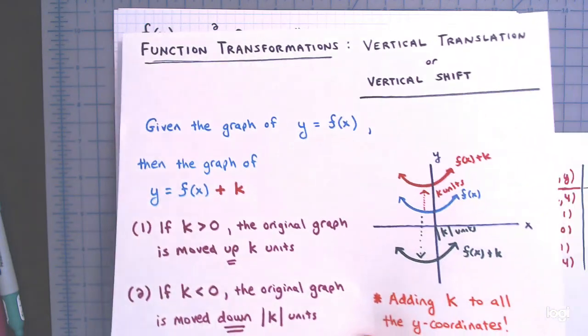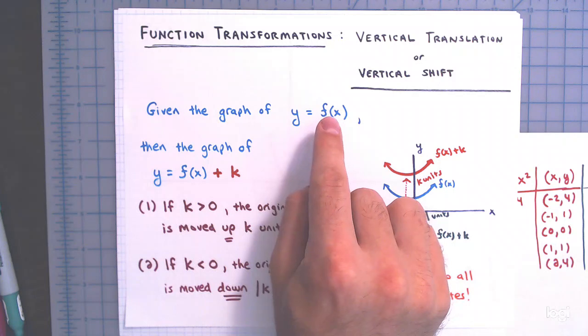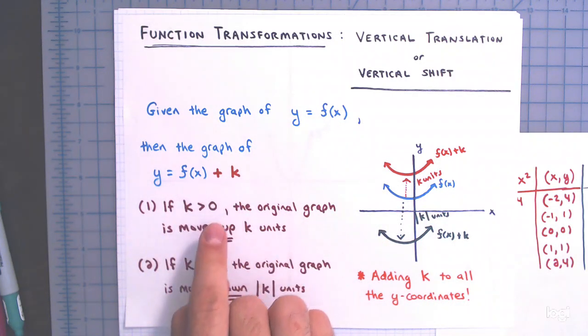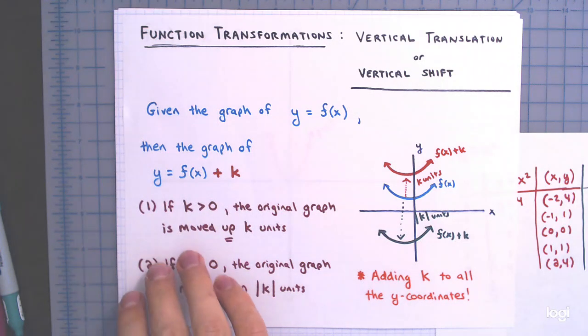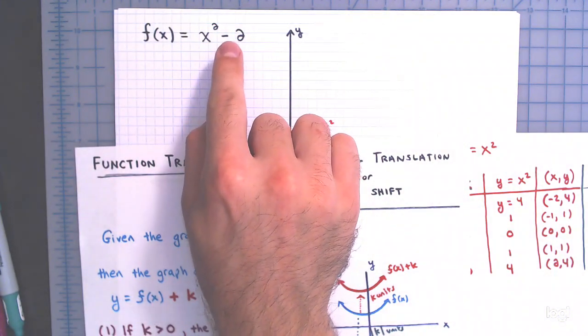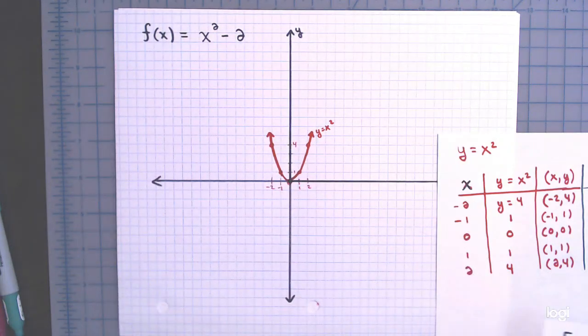And remember from my first page, if I take my original expression from the original function and simply add a negative number, k is negative, then the graph moves down the absolute value of k units. So just say down 2. If I'm adding -2 to the original, it's just going to move the original graph down 2.